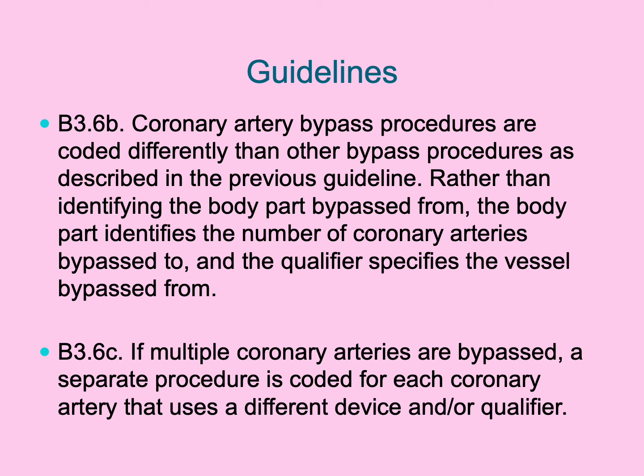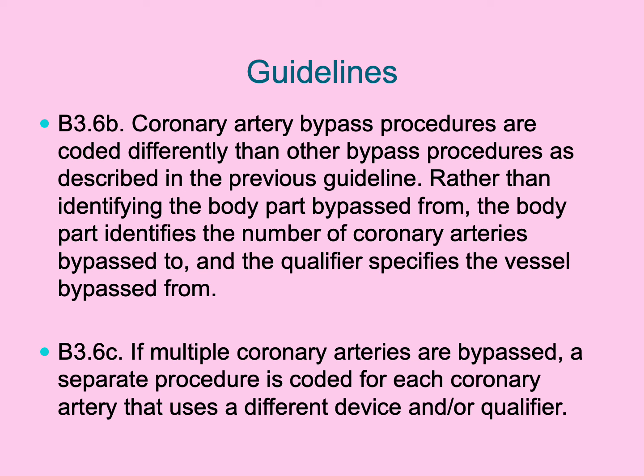Now, for other bypass procedures, such as gastric bypasses, the body part value in the PCS code indicates the body part bypassed from the starting point, and the qualifier value indicates the body part bypassed to the end point. Coronary artery bypass procedures are a little different. The guidelines read, coronary artery bypass procedures are coded differently than other bypass procedures as described in the previous guideline.